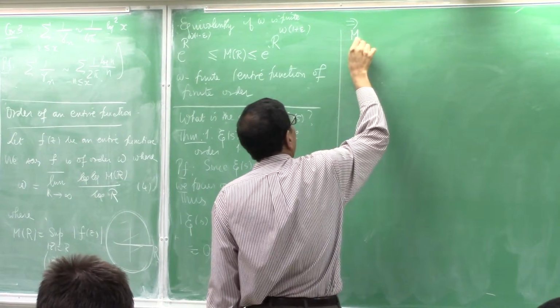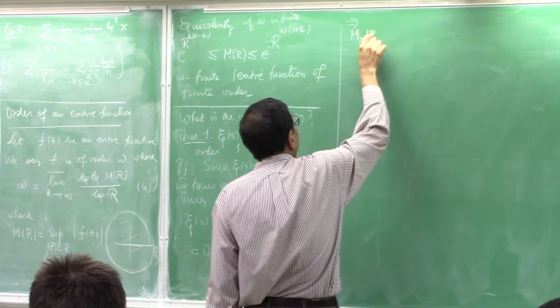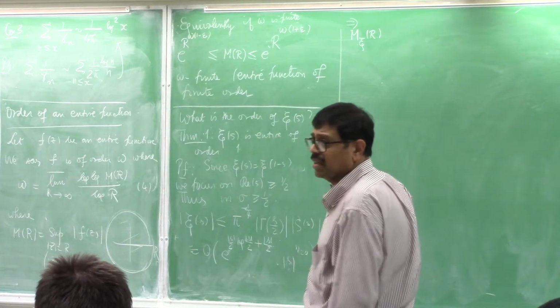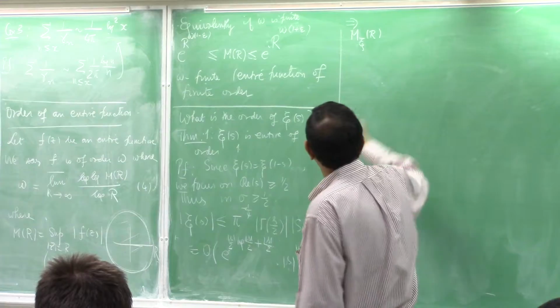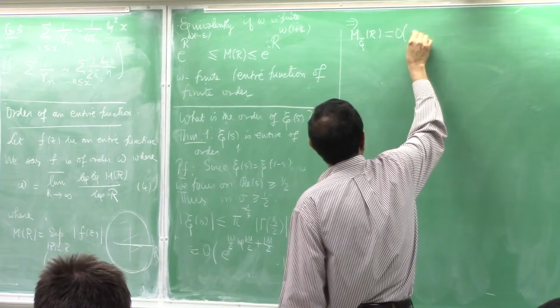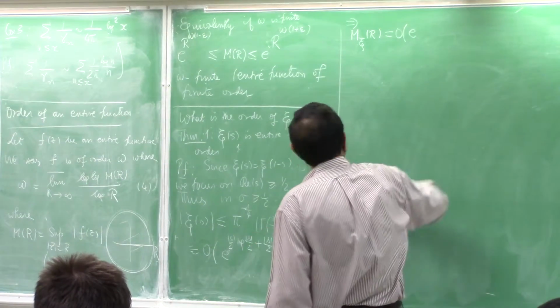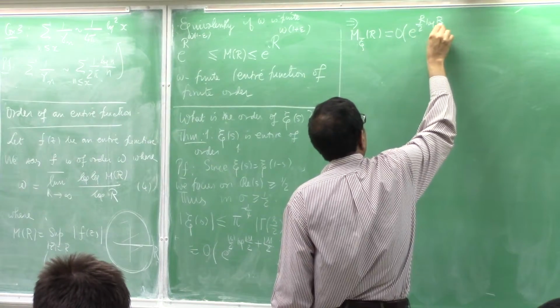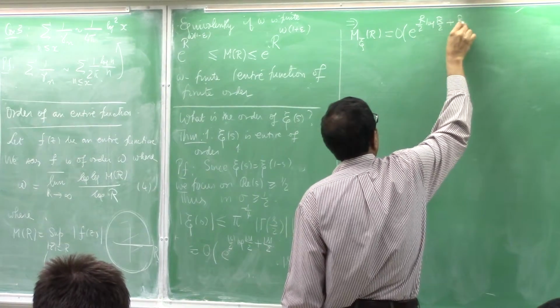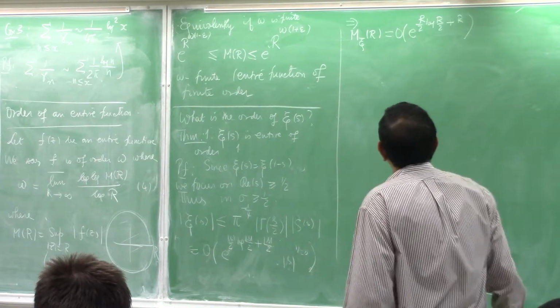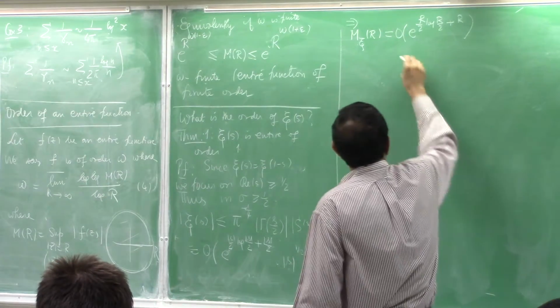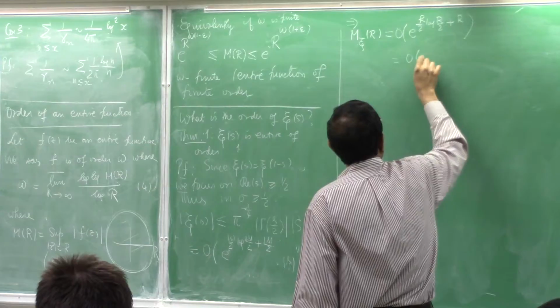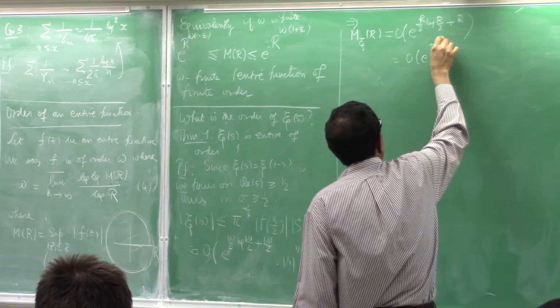That means the M of R is of order of magnitude no more than e to the power R over 2 log R over 2 plus R, something like this. And that implies that it is capital O of e to the R plus epsilon.